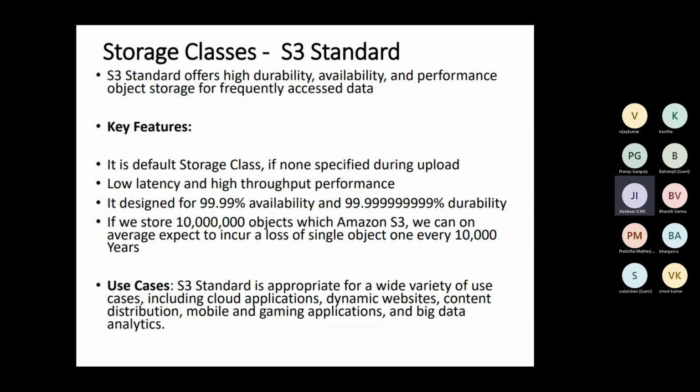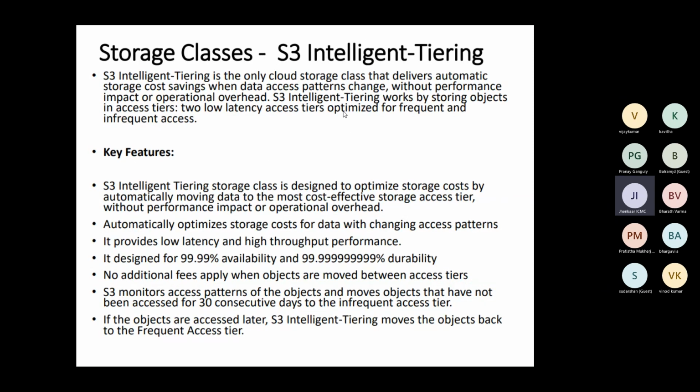For S3 Standard, I have given the use cases. If any of your requirements falls under this category, please go ahead and select S3 Standard. And if there is some data that you need to access very frequently, and some data that you may access only after some gap, then in that case please try to use S3 Intelligent-Tiering.